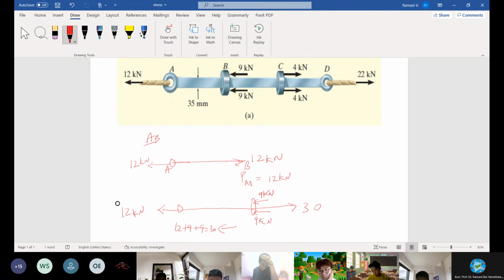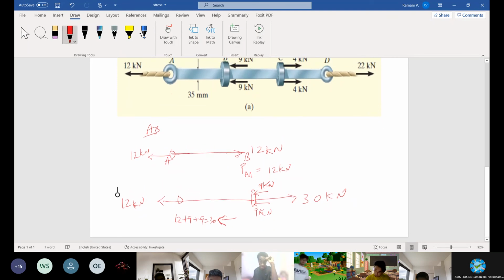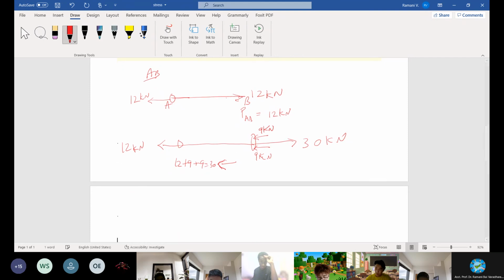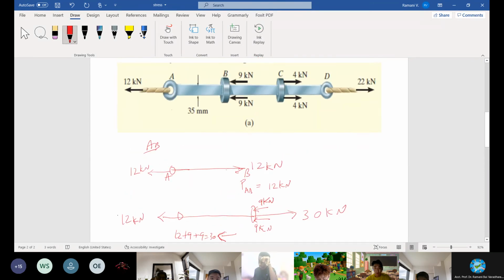So the total load acting in this direction is P due to external load, and the member will respond equal and opposite, which is 30 kilonewton in this direction. Moving on, next section. Are you following, everyone?